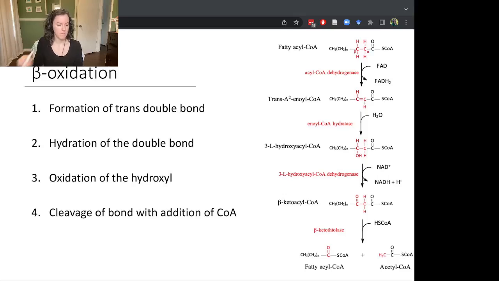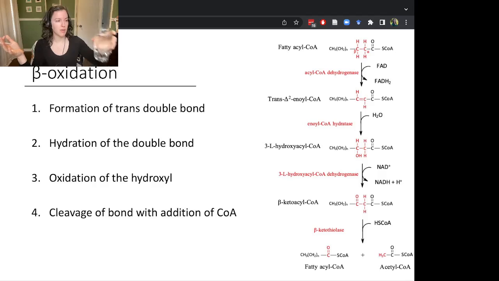Okay, folks, so let's talk about catabolism of this acyl-CoA. Recall in catabolism, we're breaking down larger molecules into smaller molecules, generally oxidizing them along the way. But if you think of the lipid tail, we have a mostly saturated structure with a lot of carbon-carbon and carbon-hydrogen bonds.